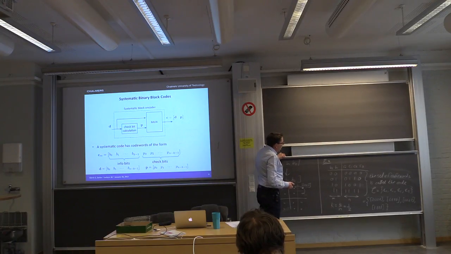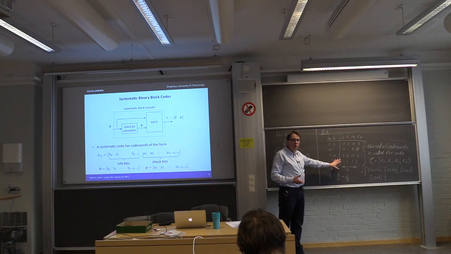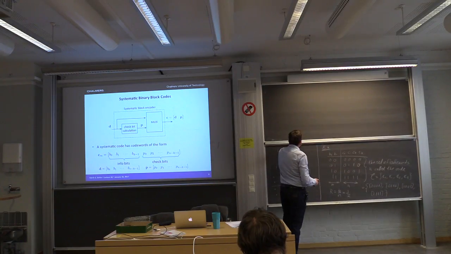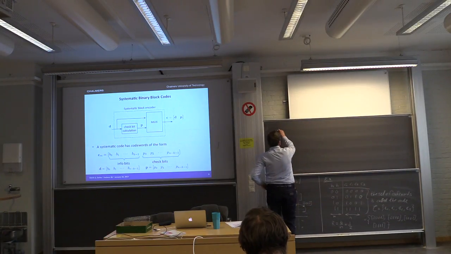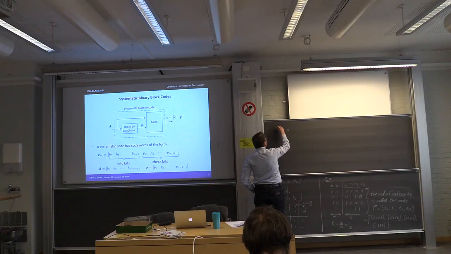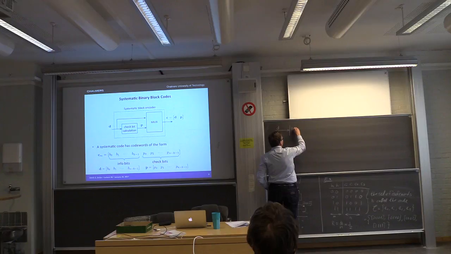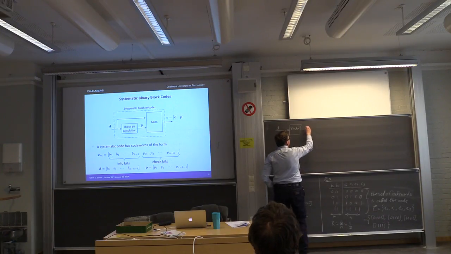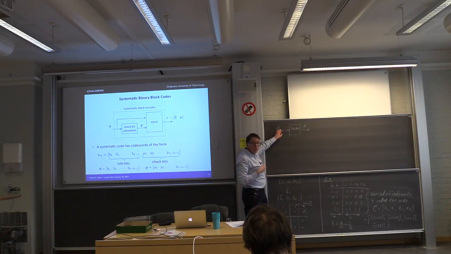So now, suppose we are the receiver, and we know that this code has been used. The transmission goes something like this. We have the information bits coming in here, then we have our (n,k) bit encoder, and then we get out a code word, which is indexed by the input bits.